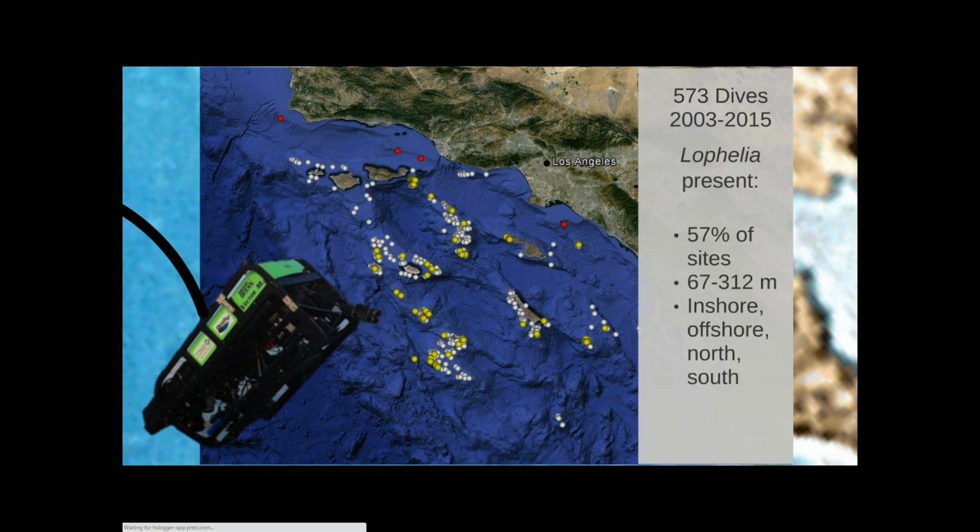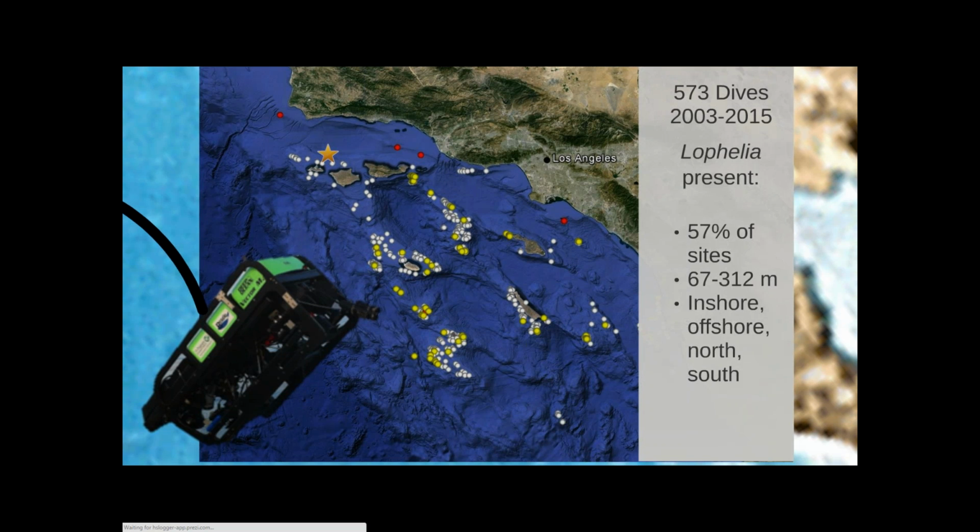Lophelia was present at over half the sites that we visited throughout the survey. And just in April, you'll see the star I added up to the north. We were on a cruise in the Channel Islands National Marine Sanctuary where we added another occurrence at the northern bounds of our study area. There's a lot of coral there, but what's important, as I said, is that we didn't really expect it there.